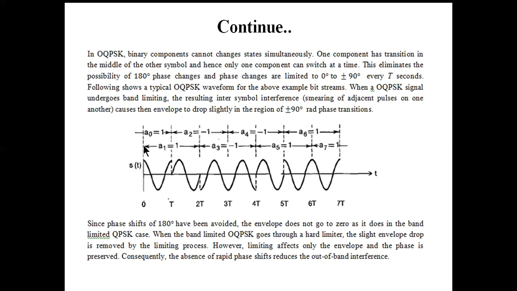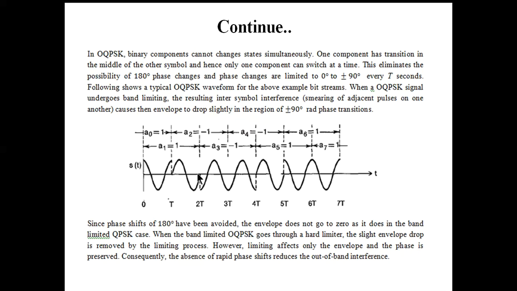So here you can see that a1 can last from 0 to 2T seconds. However, a0 can last from -2T seconds. So obviously at T seconds there will be a phase shift, but as a1 lasts up to 2T seconds, obviously there is no change at this point. So in this region only one bit can change.